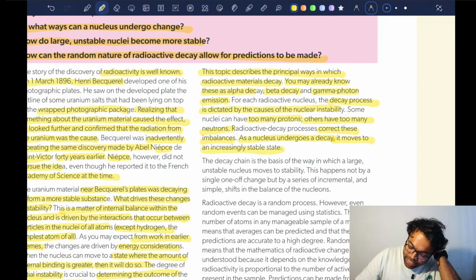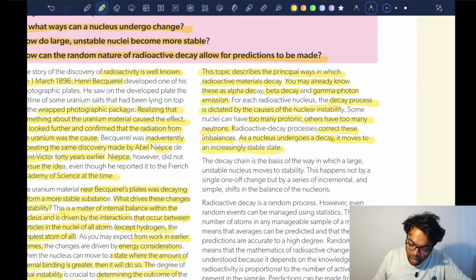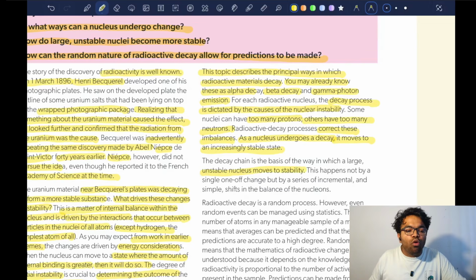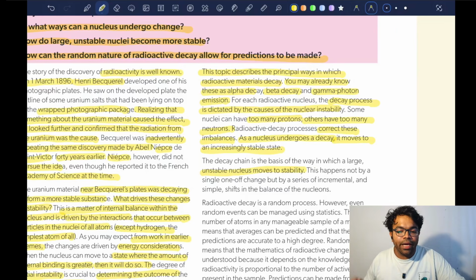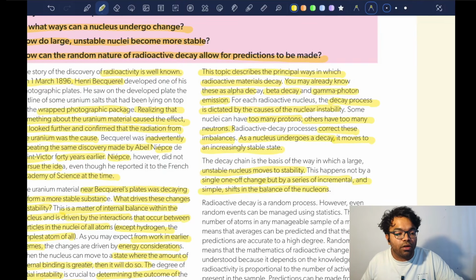Now, a decay chain is the basis of the way in which a large unstable nucleus moves towards stability through decay. Through radioactive decay, an unstable nucleus becomes a more stable nucleus. This happens not by a single one-off change, but by a series of incremental and simple shifts in the balance of nucleons.